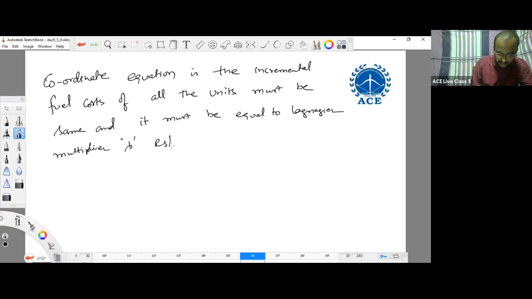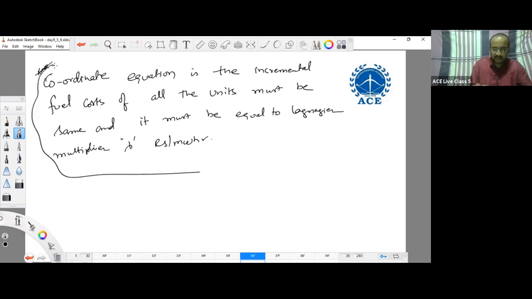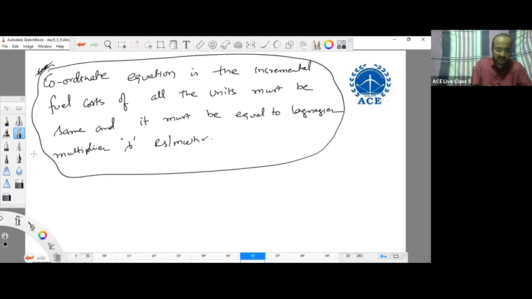It will have a unit of rupees per megawatt hour. So this is the coordinate equation that you need to keep in mind for economic scheduling of thermal plants when transmission line losses are neglected.